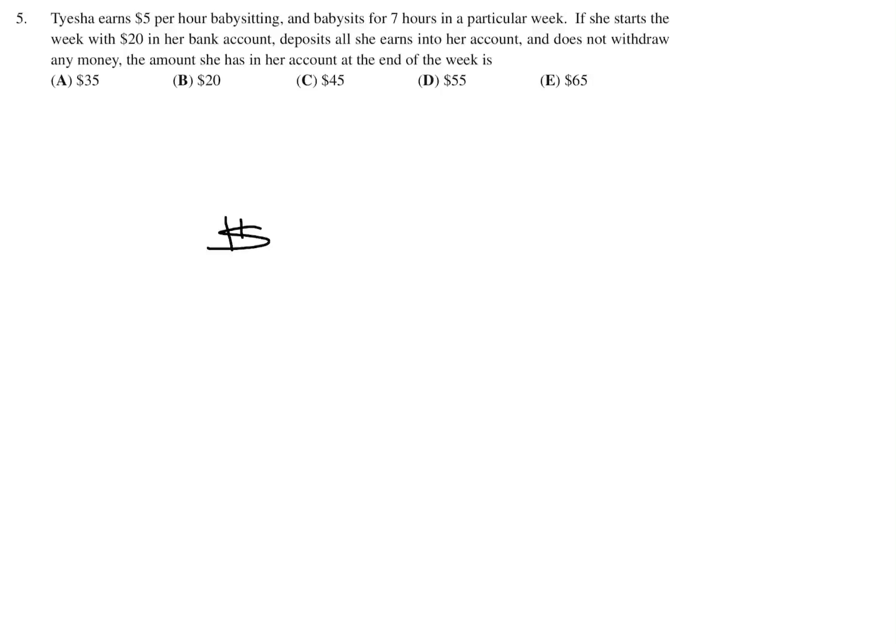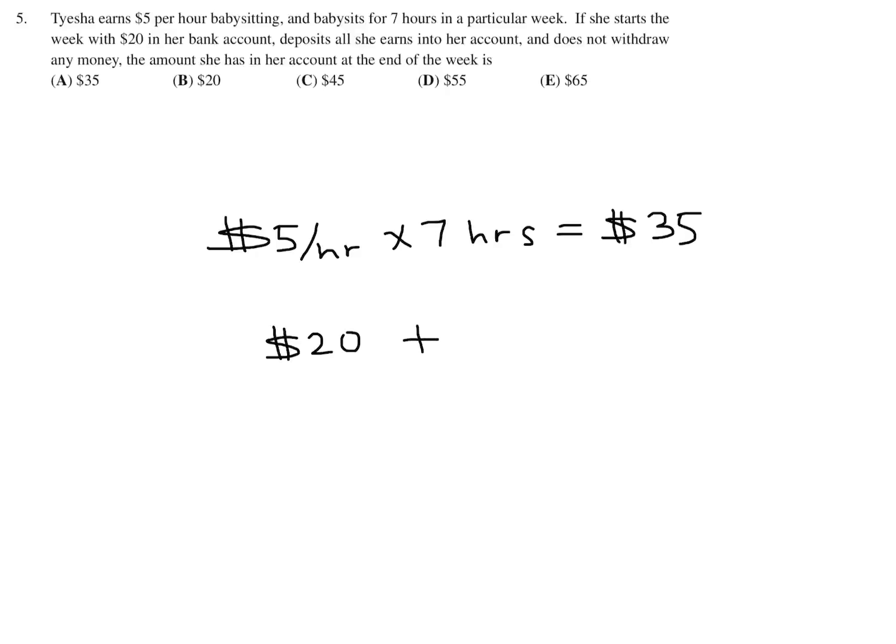So $5 per hour times 7 hours is $35. And then she starts the week with $20, and then she will add to that her earnings, which is $35. And therefore that equals 55. So the account will have at the end of the week $55. So number 5, the answer is D.